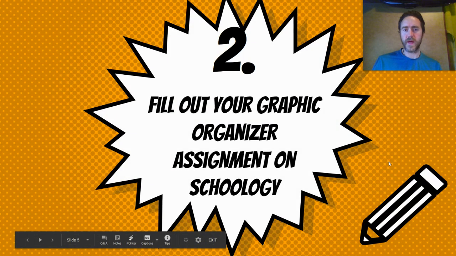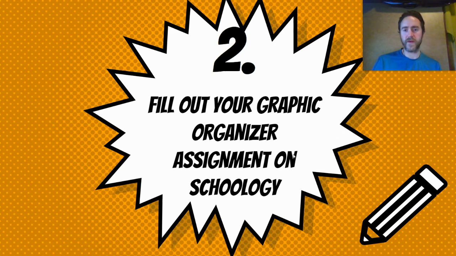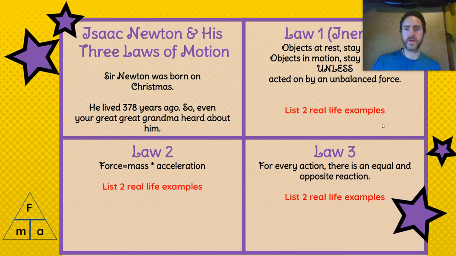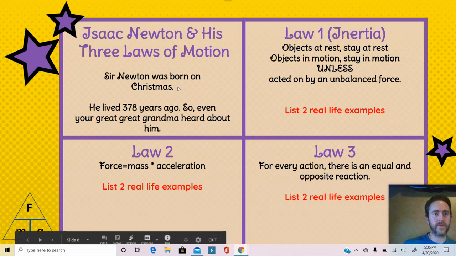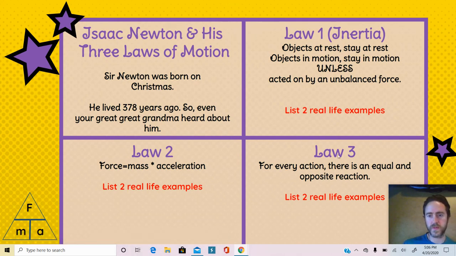What I'm going to have you do then is fill out your graphic organizer, which is set as an assignment on Schoology. It looks like this. I've given you a little bit about Isaac Newton. And I have put law 1, law 2, and law 3. I've told you what the law is.